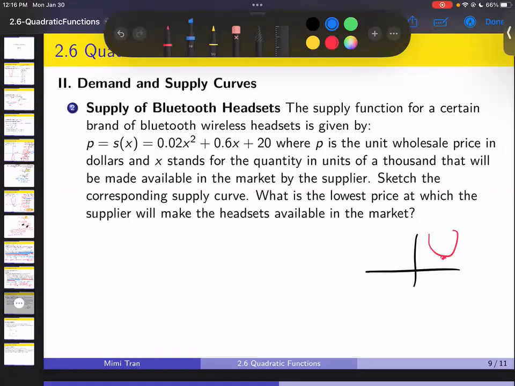So let's see what question they have here. What is the lowest price at which the supplier will make the headset available in the market? The lowest price will be the lowest point on the graph, which is the minimum right here. You can call it Y, S of X or P, doesn't matter. So they're asking for the vertex again.